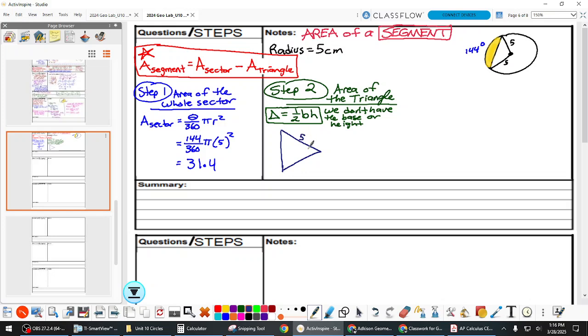And all we know right now is this is 5 and this is 5, but we do know something else. What else could you put in there? This angle, I didn't draw it as this, but it's 144, isn't it? Why? Well, remember the measure of an arc is the same as its central angle, so we can copy it in there. If you want, on your picture you could say same as the angle, just so you know you can drop it in there.